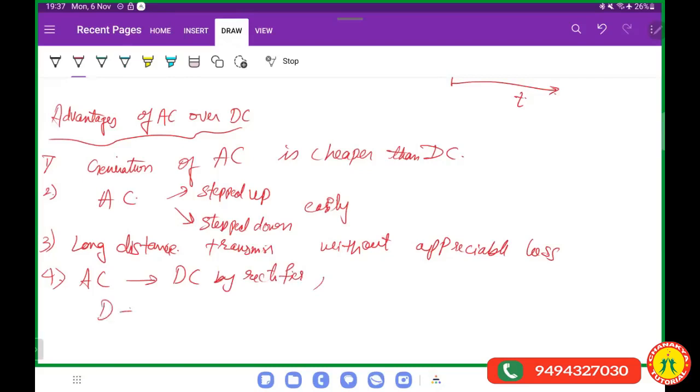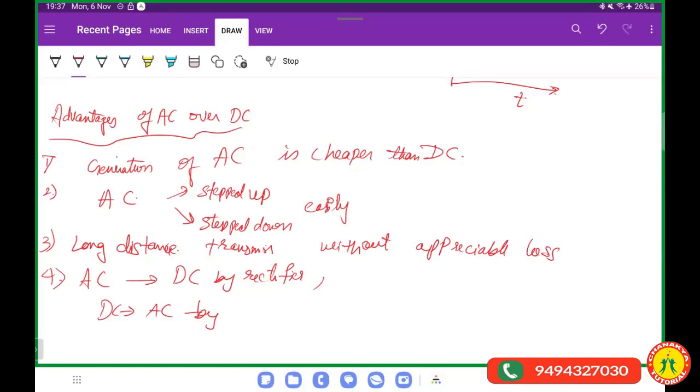and DC can be converted to AC by what? This thing you're using at home. What is it? How to convert DC to AC? You're using it at home. Come on. So from the transformers to the sockets.